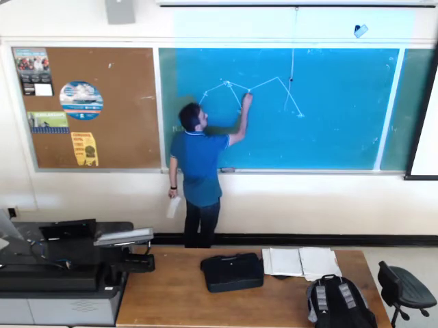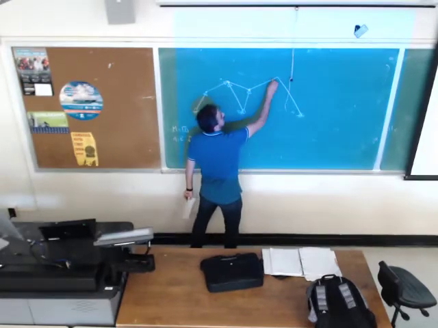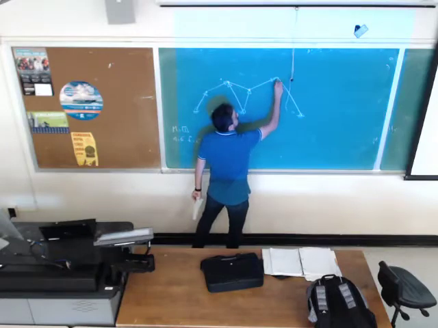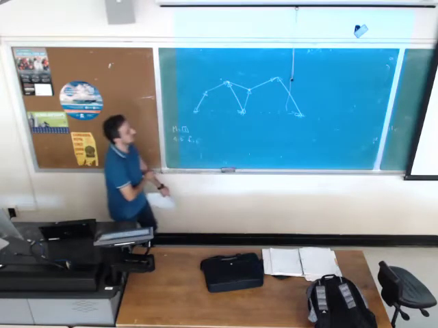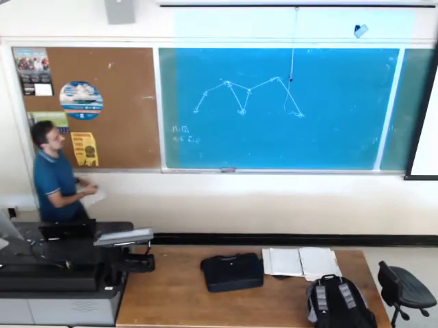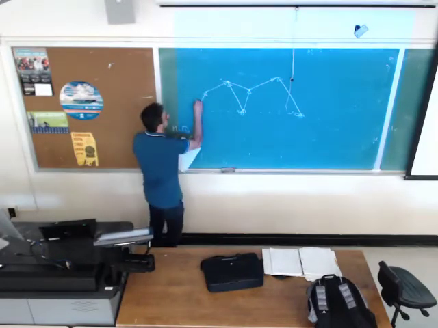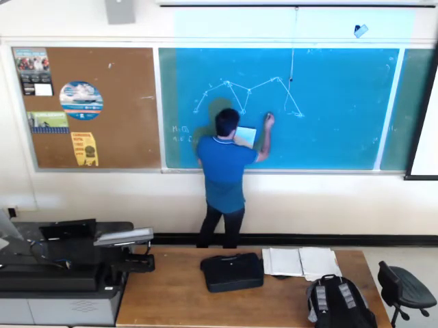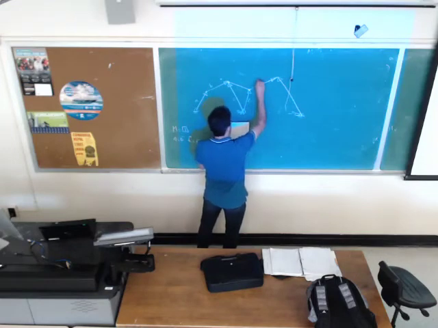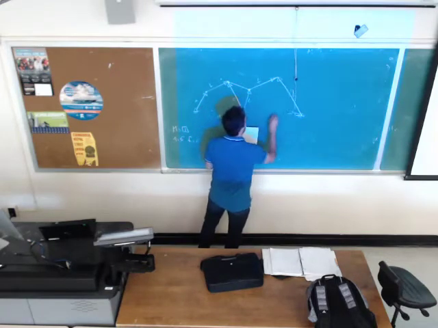For this, I put the arrow here, one arrow there, and one arrow right there. So the lengths of the links are A, B, C, D, E, F, G, and H.